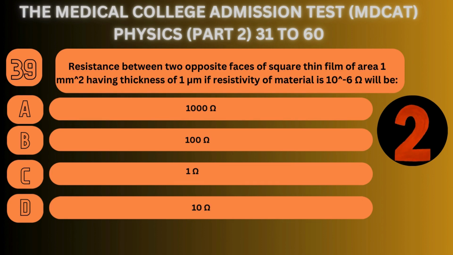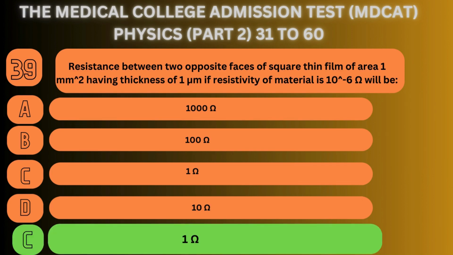Question number 38. Expression of kinetic energy at any displacement x in a vibrating mass spring system.